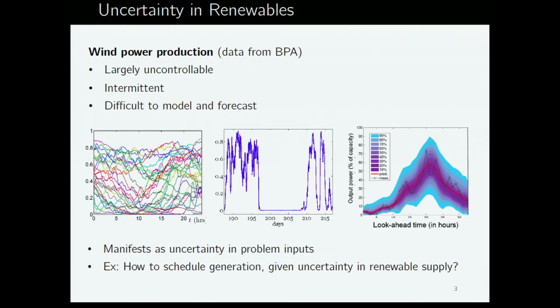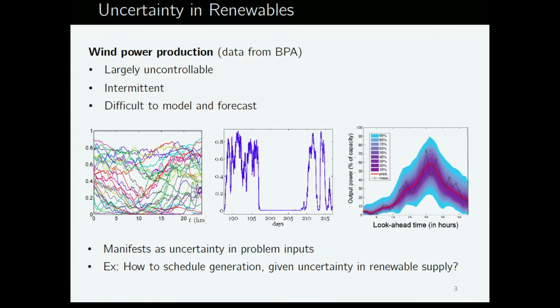And so I've tried to convey to you how this variability actually manifests itself in reality. This is data taken from the Pacific Northwest. The first figure here shows the total power production in the Pacific Northwest from wind over a day for every day in 1 month.